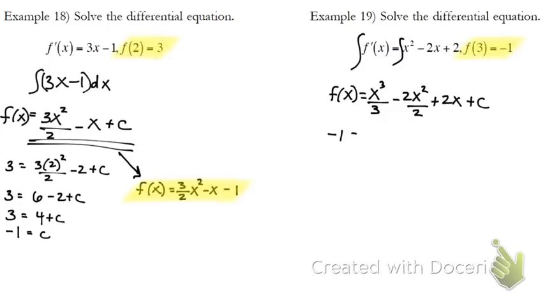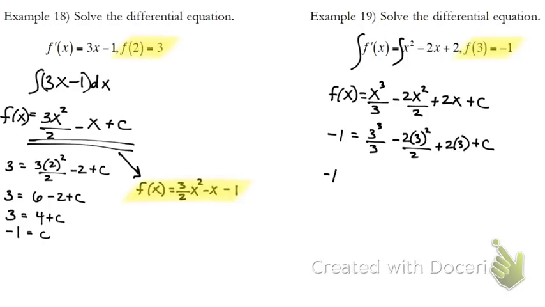So I get negative 1 equals 3 cubed over 3 minus 2 times 3 squared over 2 plus 2 times 3 plus c.